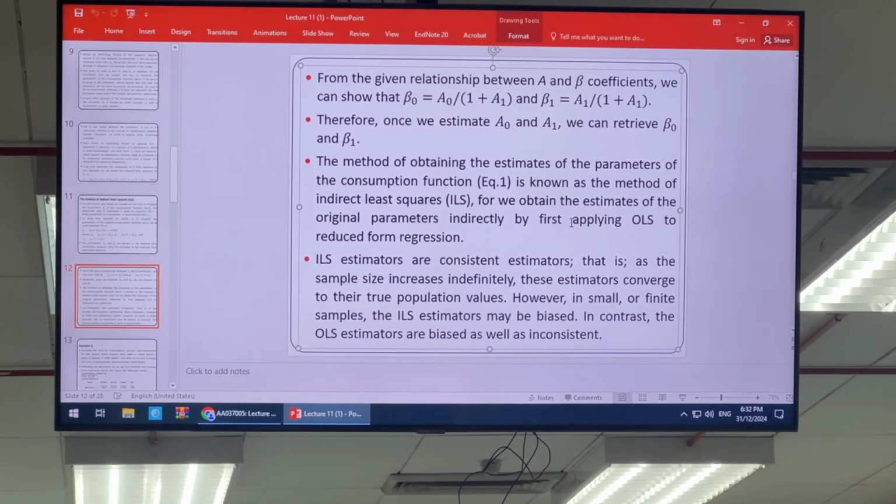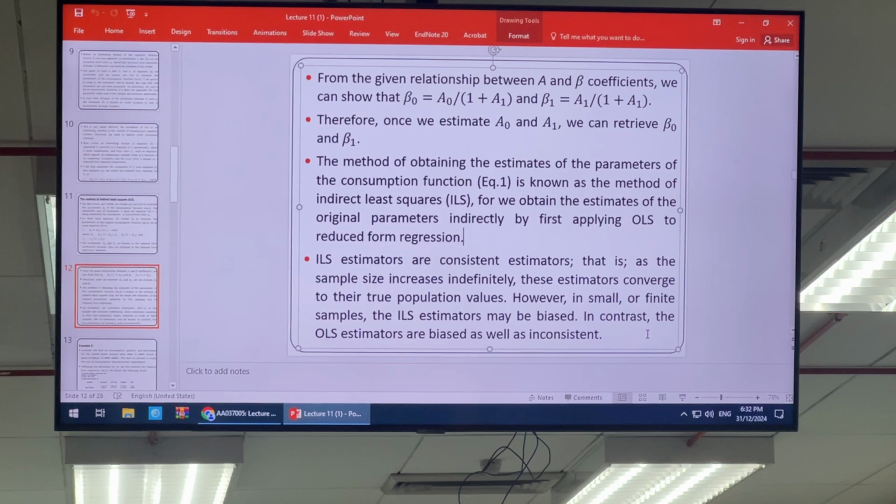So we obtain the estimate of the original parameters indirectly by first applying ordinary least squares to the reduced form regression. The indirect least squares estimators are consistent estimators, that is, as the sample size increases indefinitely, this estimator converges to the true population values. However, in small or finite samples, the ILS estimator may be biased.